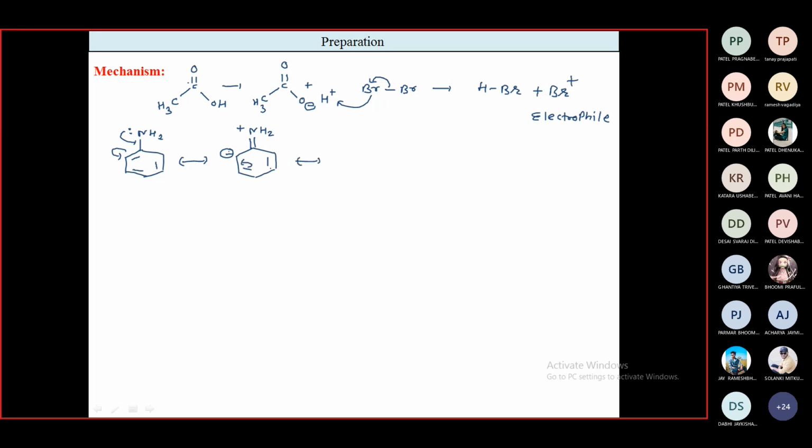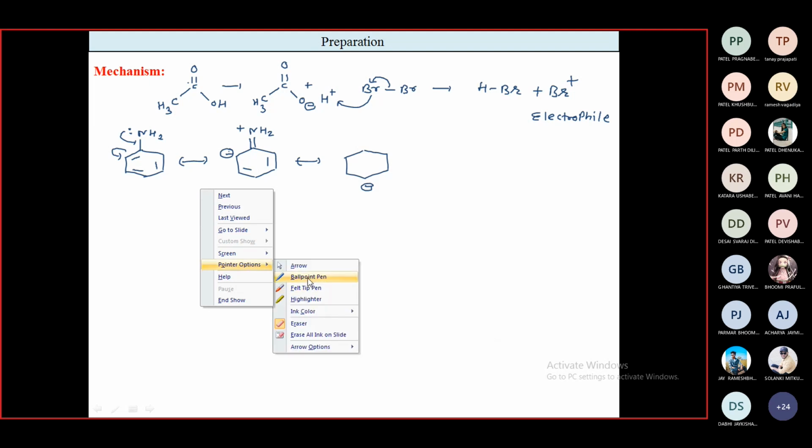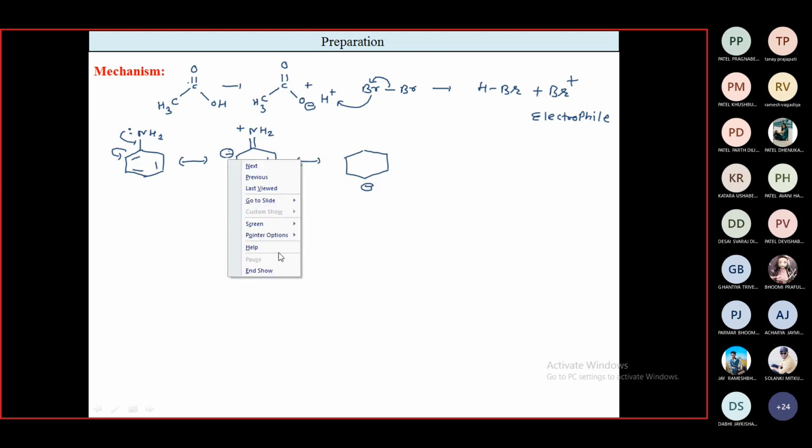Further, you can write down the resonance, so the charge comes on the para position. The arrow shows movement of 2 electrons. Here it is a negative charge. Further you go for resonance again.